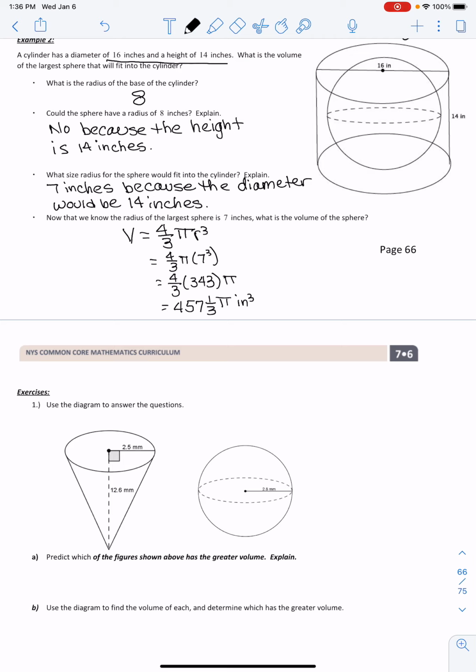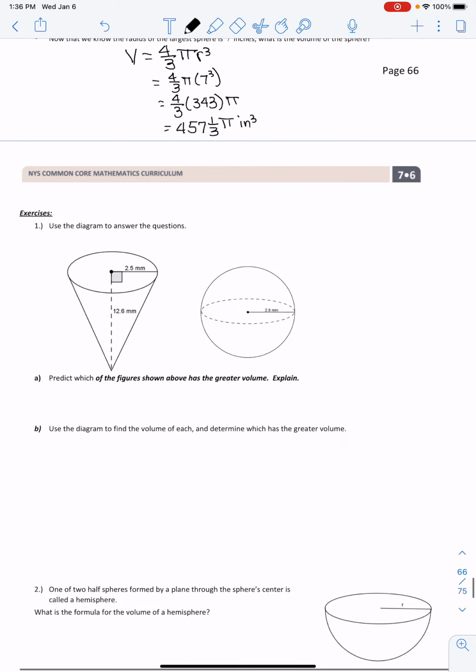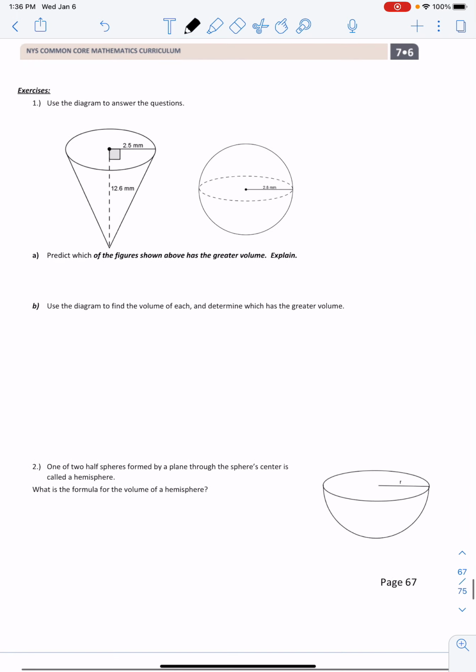Our next exercise says use the diagram to answer the questions. So A says predict which of the figures shown above has the greater volume. Well, if I happen to look, I'm going to say the sphere, because it kind of looks like it would be a little bit bigger.